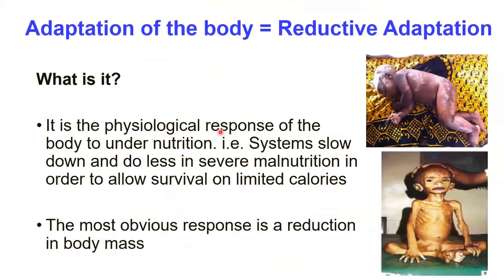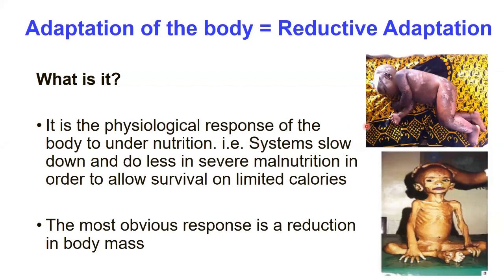And it's the same thing to explain what we call reductive adaptation. Many of you have seen children, when they become malnourished, they become slower, they become apathetic. These are the signs I was talking about: skin patches, whether hypo or hyper, body swelling, wasting.